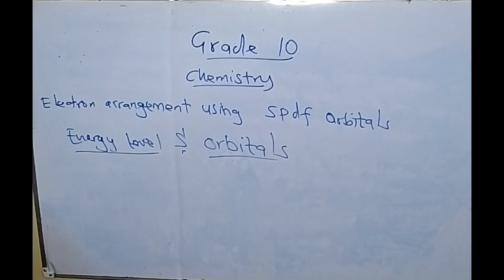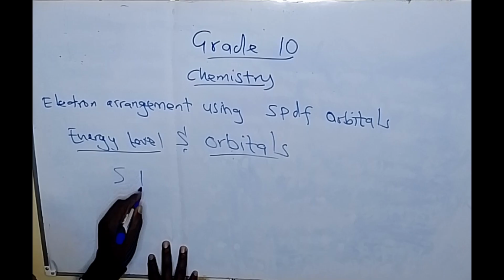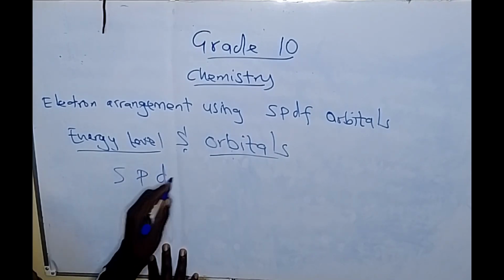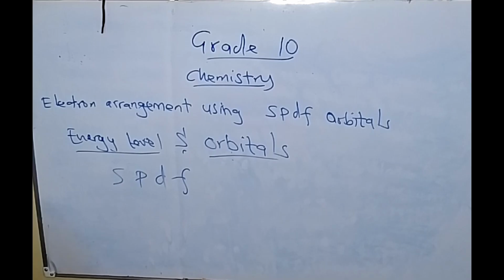Orbitals are represented by the lowercase letters s, p, d, f. Orbitals are found in sub-levels.